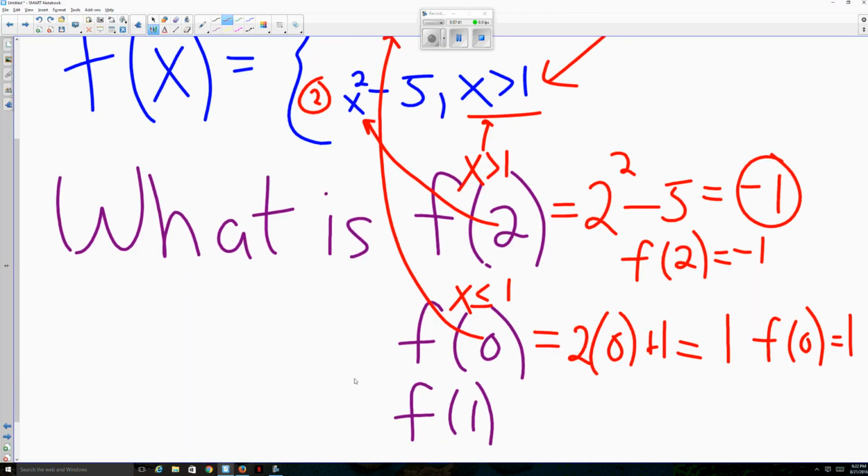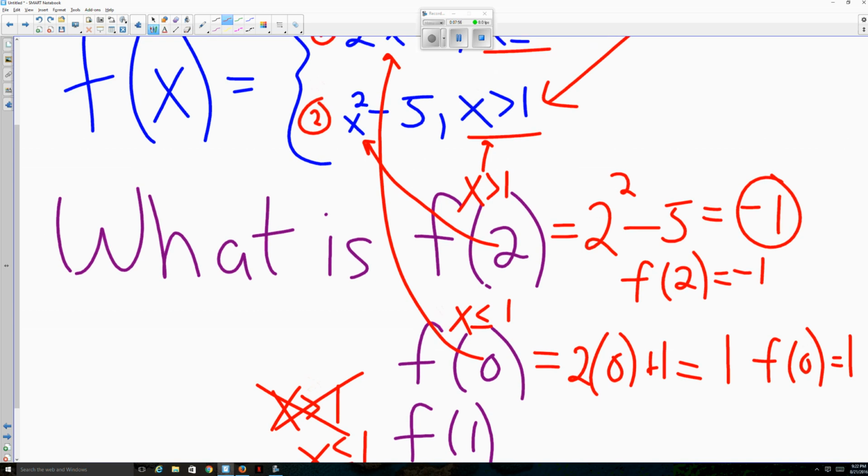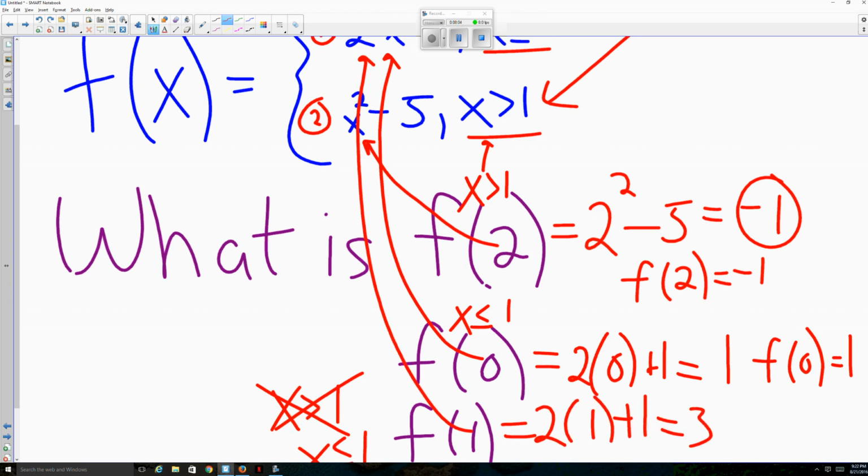Now, where does f of 1 fit? Well, is x greater than 1 in this case? No, that's not the case. But x is less than or equal to 1. That fits that scenario. So we're going to put 1 up in here. So that's 2 times 1 plus 1. That's equal to 3.